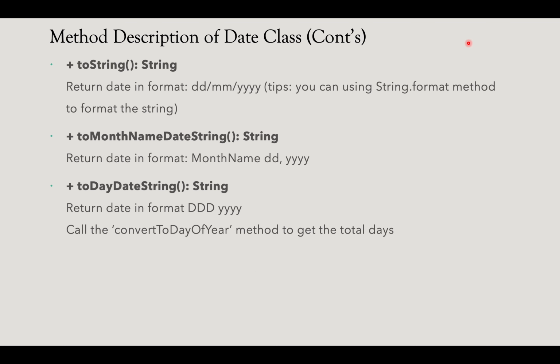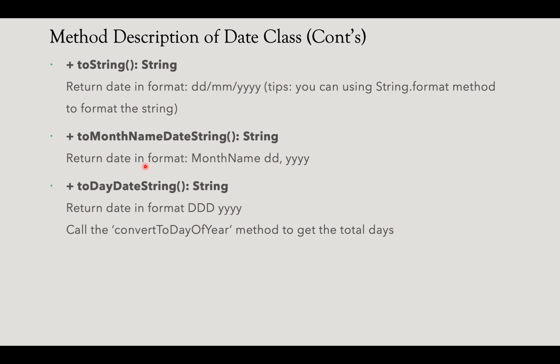Then this is the toString method. What will the toString method do? You return the date in the format day, month, and year. You can use the String.format method to format the string. We are using toString to format the date we're going to return. And then we have toMonthNameDateString.